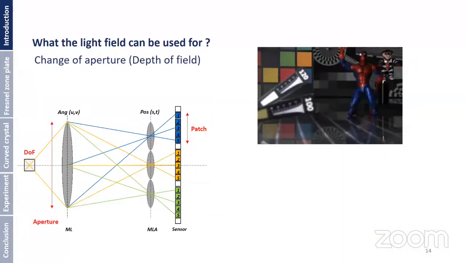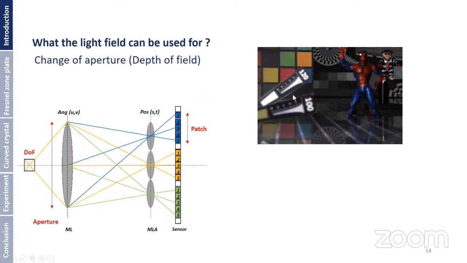For a plenoptic camera, this can be numerically realized, as there is a relationship between the microlens image size and the size of the main lens aperture. Choosing part of the microlens image, the so-called patch, is equivalent to changing the aperture of the main lens.